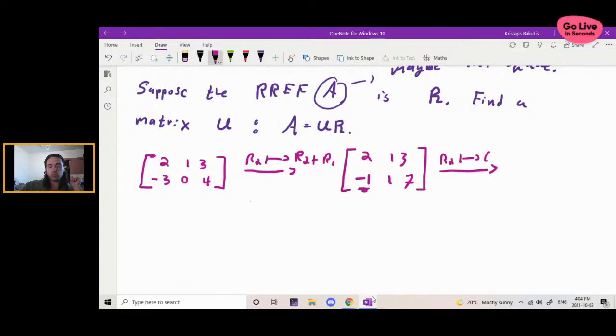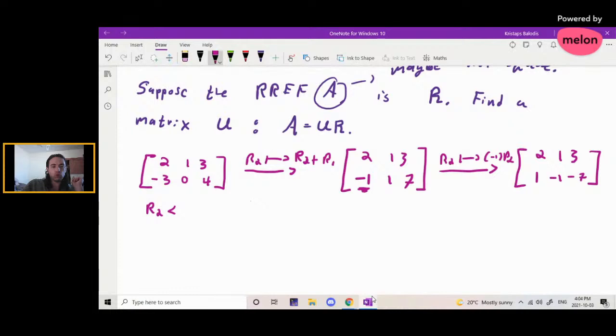So I'm going to multiply row 2 by -1 to give me 2, 1, 3, 1, -1, -7. And I want my leading one to be up top. So then I'll go row 2 swapped with row 1, which will give me 1, -1, -7, 2, 1, 3.